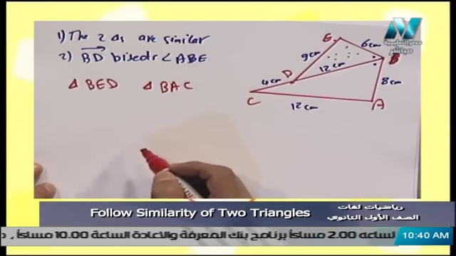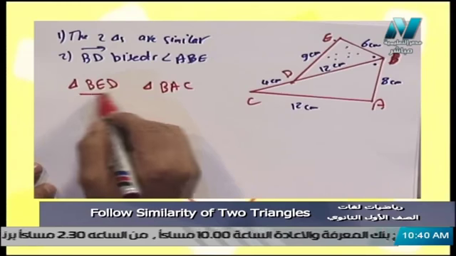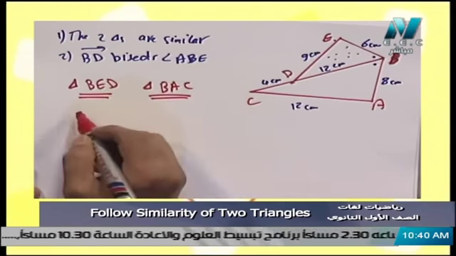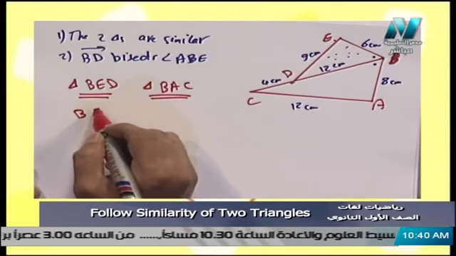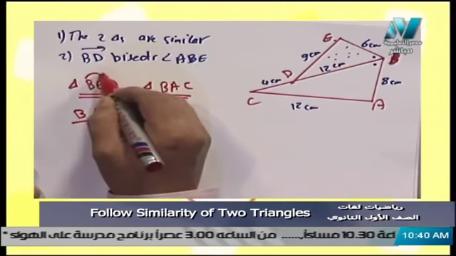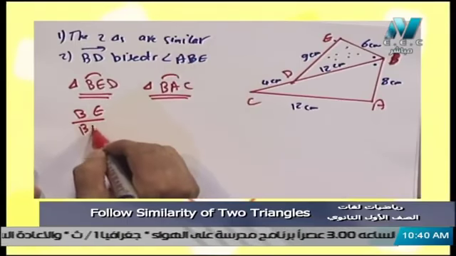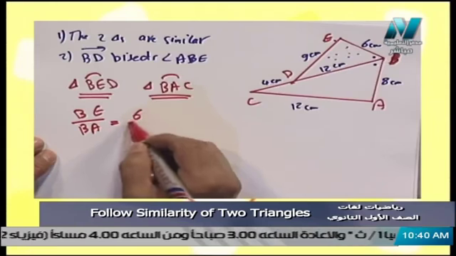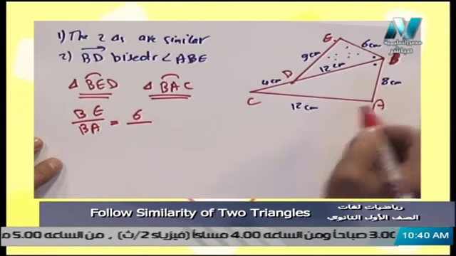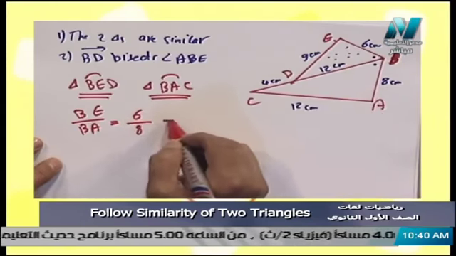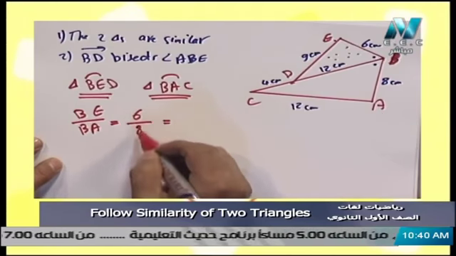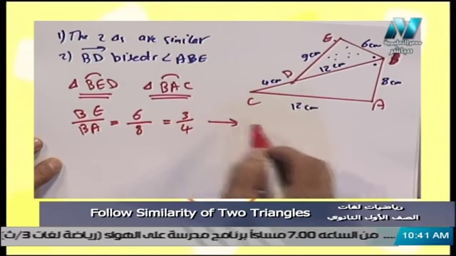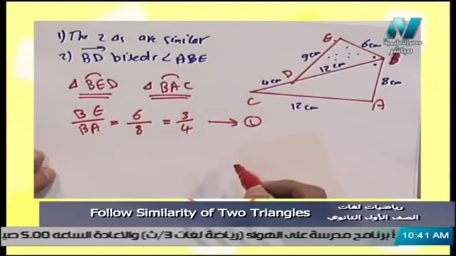And we will try to prove that this triangle is similar to this triangle. To prove that, we will divide BE over BA. BE here equals 6 centimeters and BA equals 8 centimeters. In simplest form, by dividing them by 2, it will be 3 over 4. Let's call it number 1.